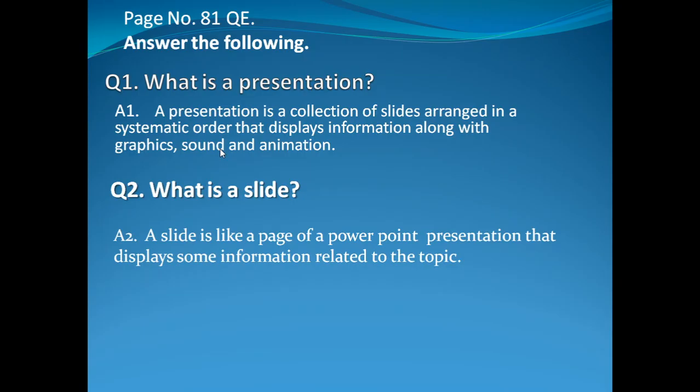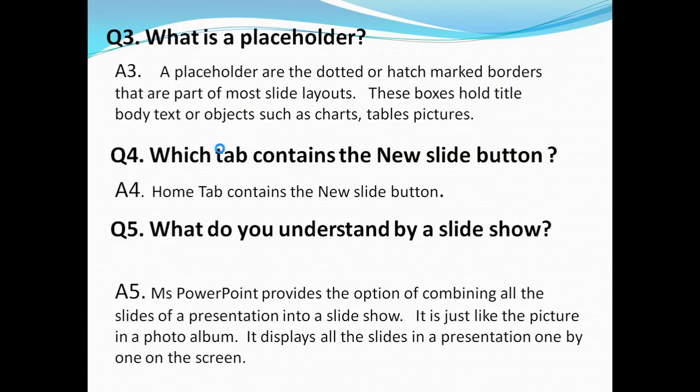Next slide. Question 3. What is a placeholder? A placeholder are the dotted or hatched mark borders that are part of most slide layouts. These boxes hold title, body text or objects such as charts, tables, pictures, etc. Right? What is a placeholder?